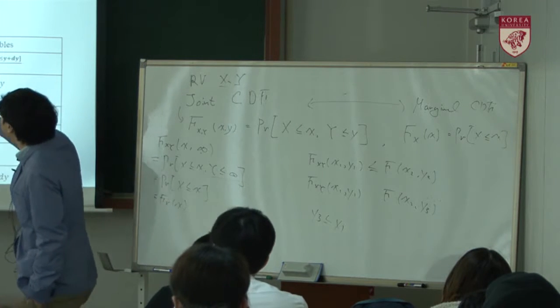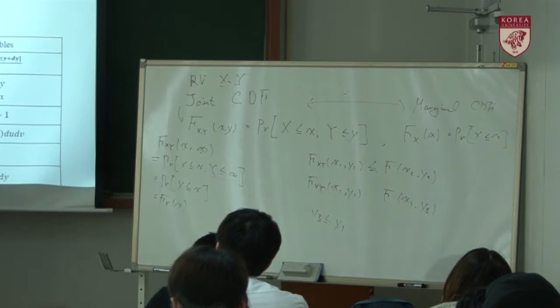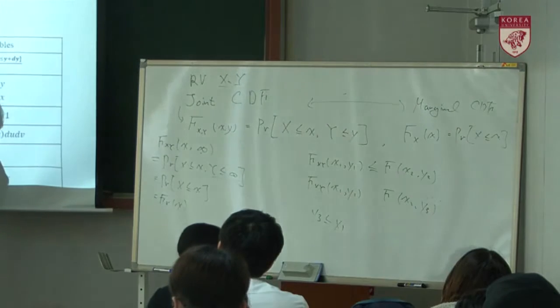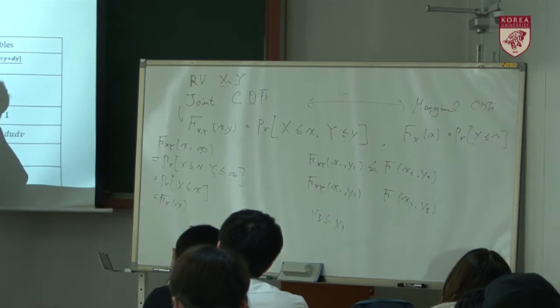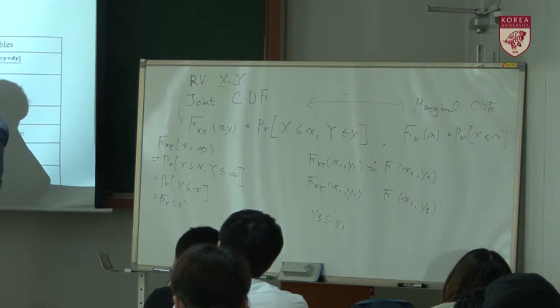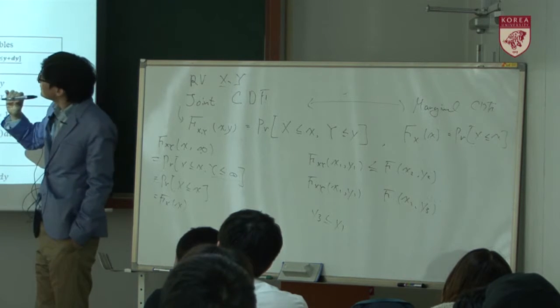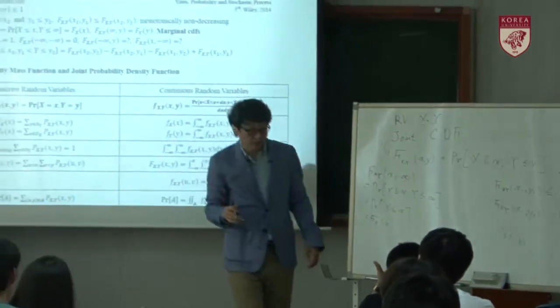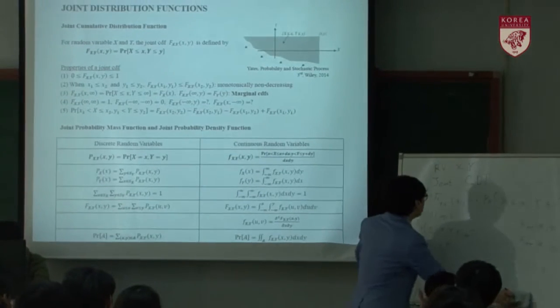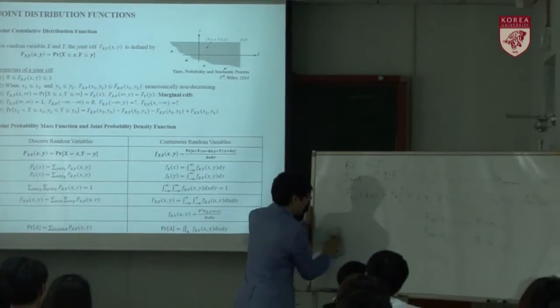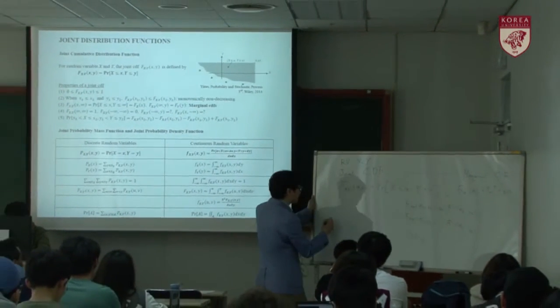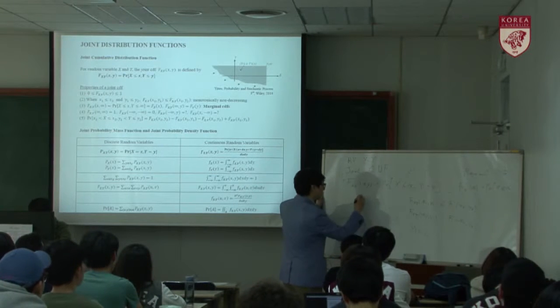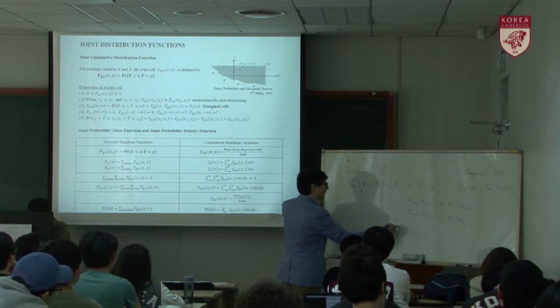So similarly, F_XY of infinite and y is the marginal CDF of y. So it's very obvious. Okay, and another thing. Let's think about this coordinate plane, x and y.